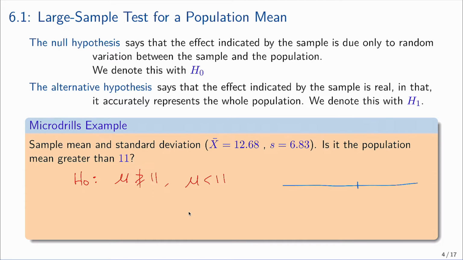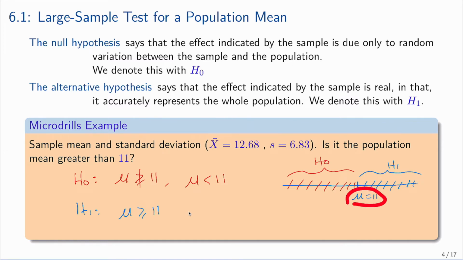We have mu of the population, and we want this mu equal to 11. So H0 is mu less than 11, and H1 is mu greater than 11. This represents H1, and the first part represents H0, the null hypothesis. And remember, we are looking to get information about the population.